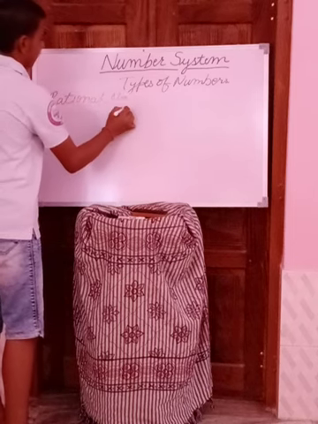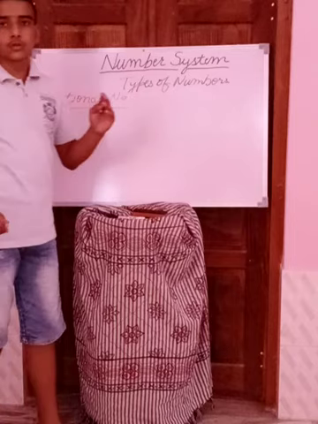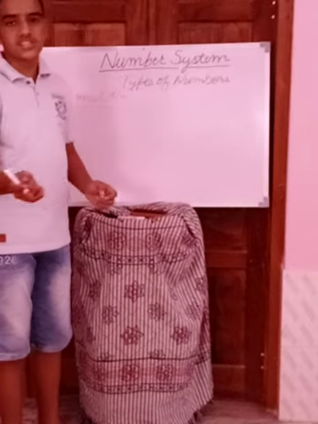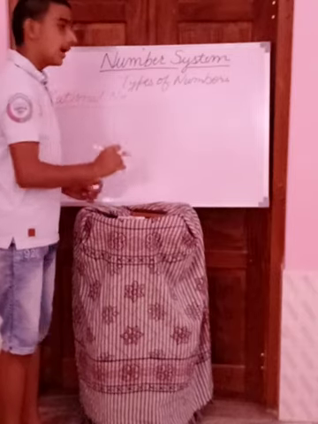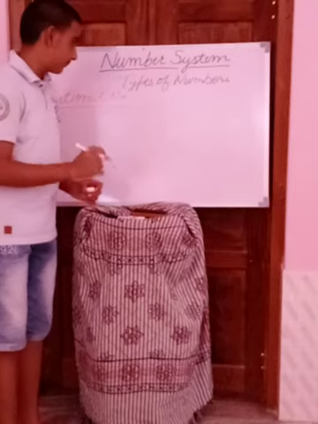Rational numbers. Rational numbers are those numbers which can be expressed in the form of p by q, where p and q are integers and q is not equal to 0.